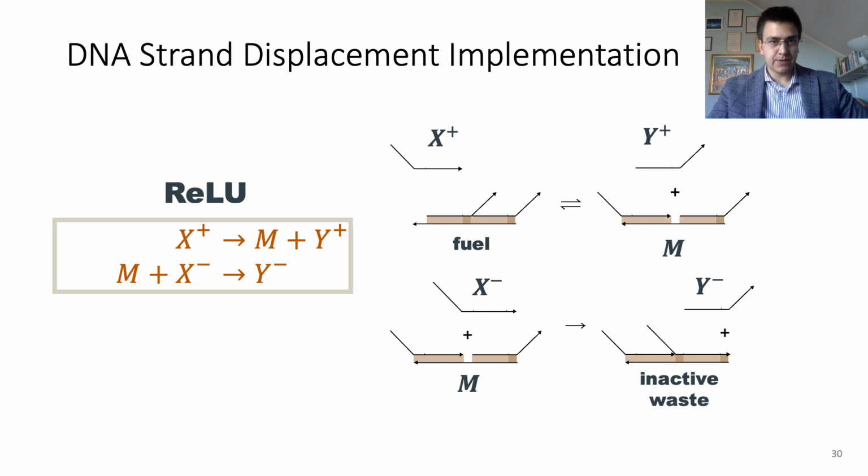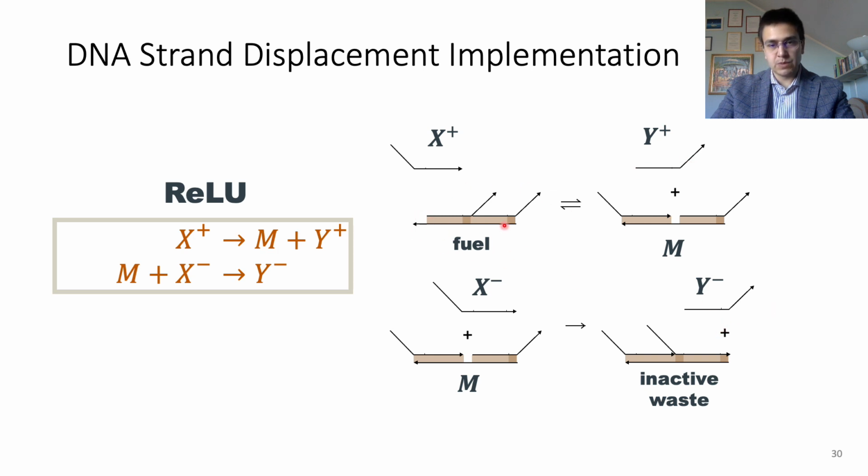So this is our DNA strand displacement implementation of the ReLU CRN. We have two reactions modeled with this strand. X plus and X minus are inputs. They are also single-stranded DNA molecules, where Y plus and Y minus are outputs, also single-stranded molecules.